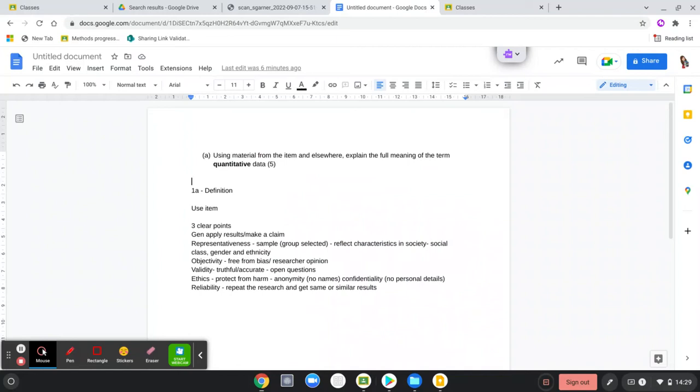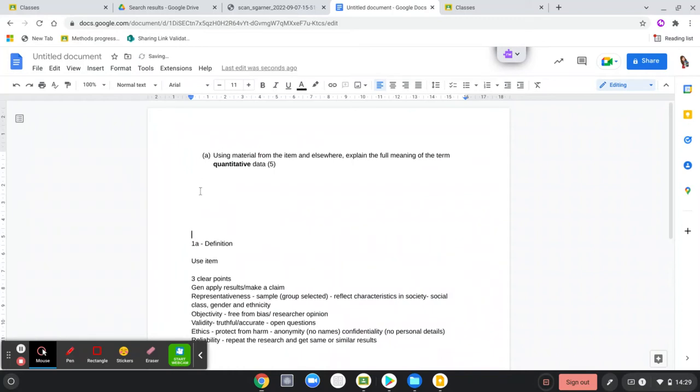Okay, so I've had a look at the item. Now what I'm going to do is structure this question. First thing I'm going to do is start off with the definition. Quantitative data is data expressed in numerical or statistical form.